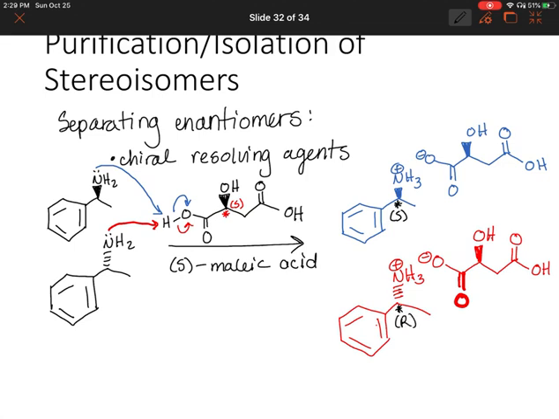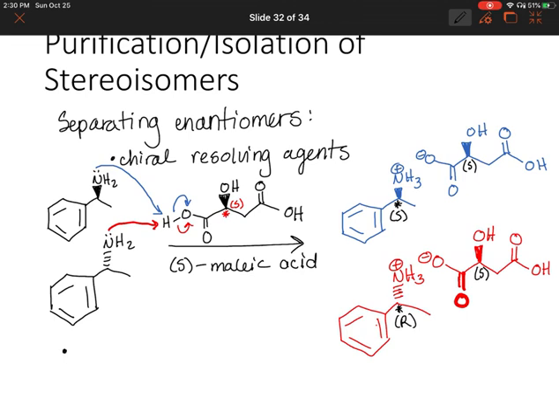This is an R enantiomer down below. But the other half of the salt stays the same. So we have S and S. So the salt up above is SS and the salt down below is RS. So they are diastereomers.